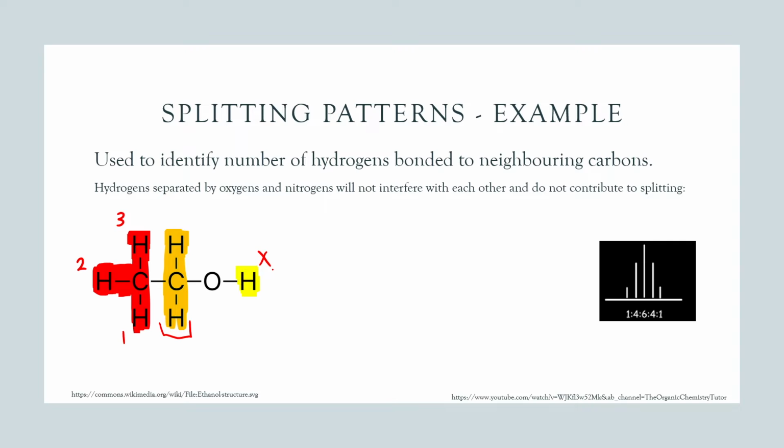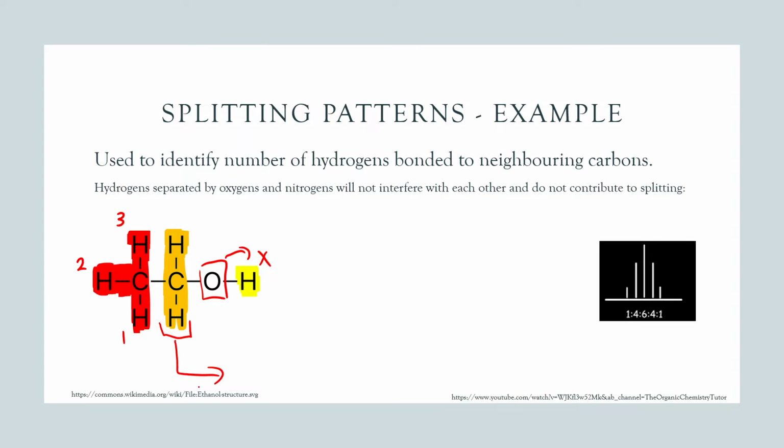We would not include this hydrogen because this hydrogen environment in orange is not connected to the hydrogen environment in yellow by another carbon. It's connected by this oxygen. And as such, we do not count it as a neighbor. The reason for which we can maybe discuss a little bit more in class, but for the moment, let's talk about it from a practical standpoint.